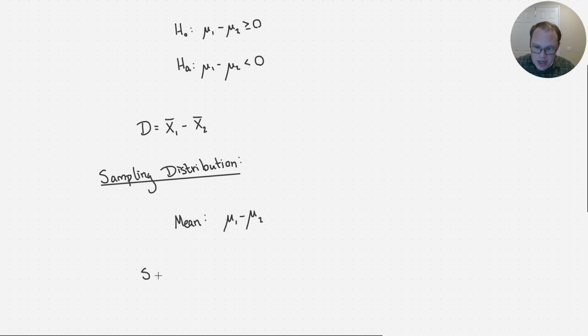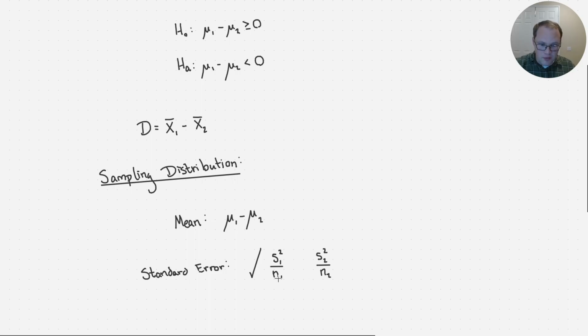The standard error of the sampling distribution is going to be a little bit different. It is the square root of, we're going to use the sample standard deviations from the samples from each of our populations, where we square them, and then we divide by the sample size in each case.